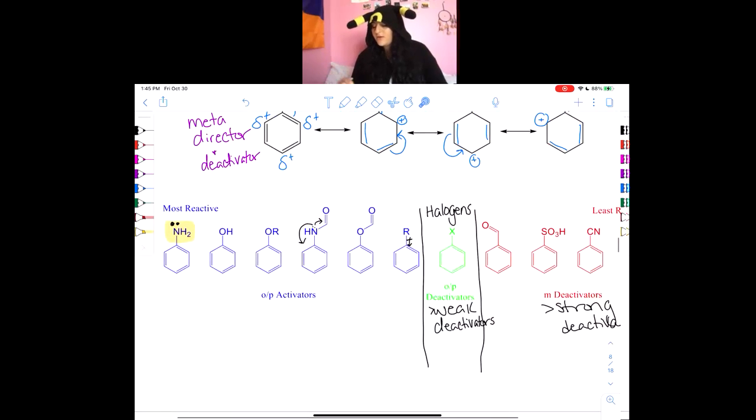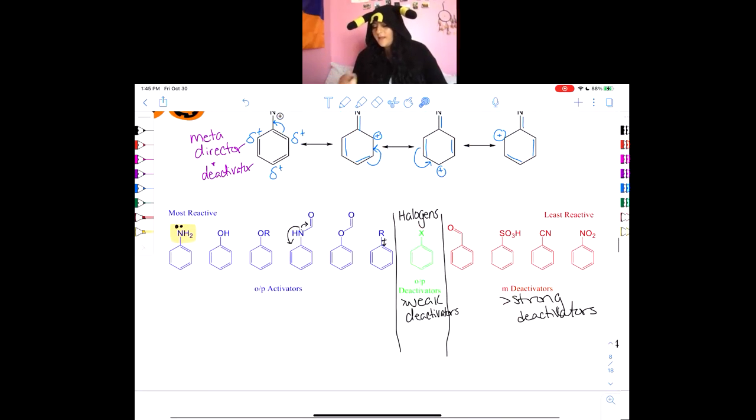And then our strong deactivators, the strongest one is going to be NO2 because it has that positive charge on the nitrogen. Sorry. So that is going to be our least reactive, aka our strongest deactivator.